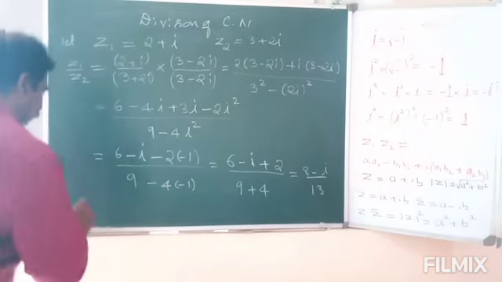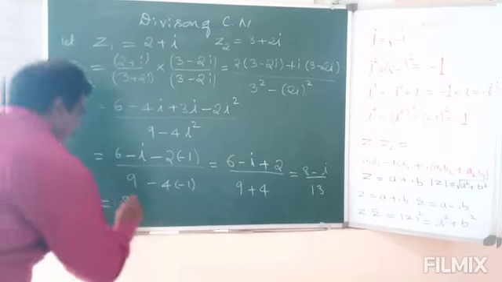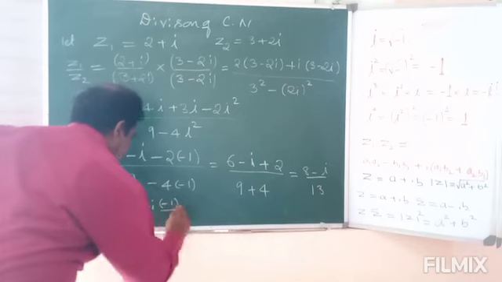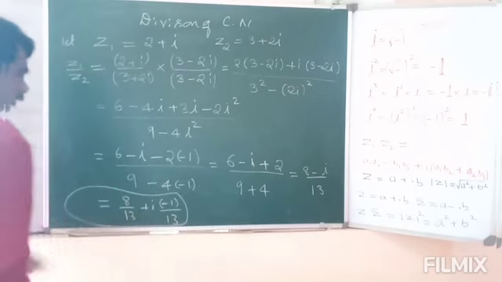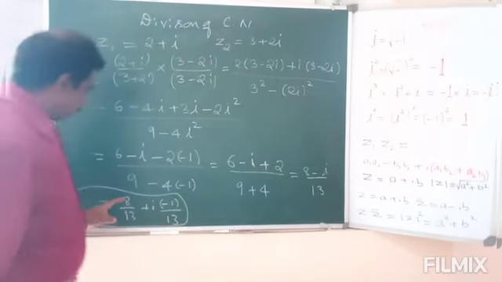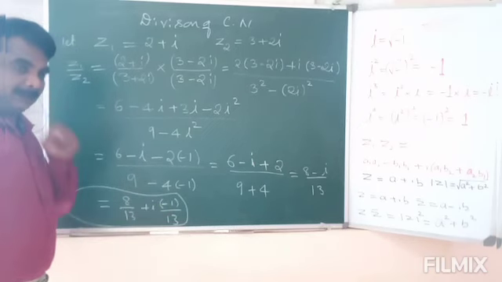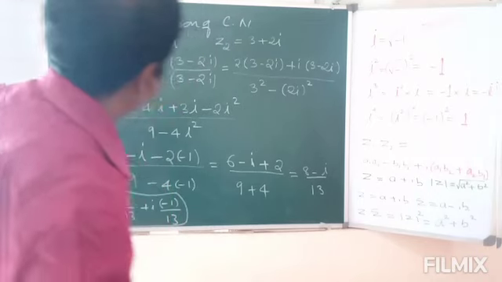This is equal to 8 by 13 plus i into minus 1 by 13, in the form of A plus iB, where A value is 8 by 13, B value is minus 1 by 13. Understand? I will explain.